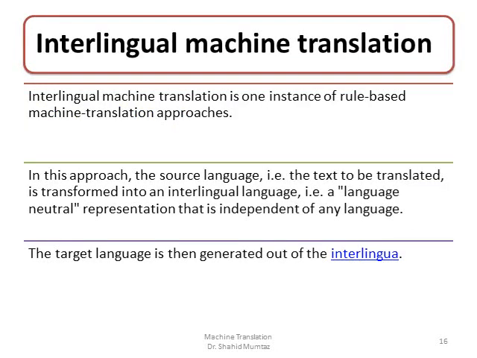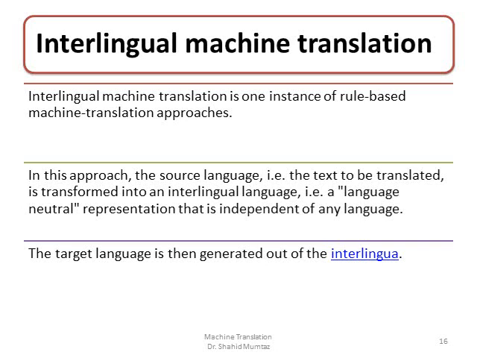Interlingual machine translation is one instance of rule-based machine translation approaches. In this approach, the source language, that is the text to be translated, is transformed into an interlingual language, that is a language-neutral representation that is independent of any language.